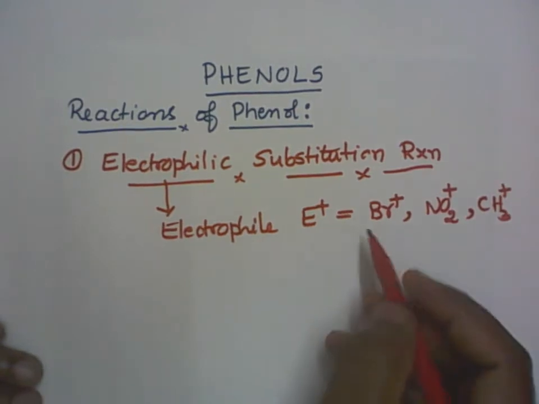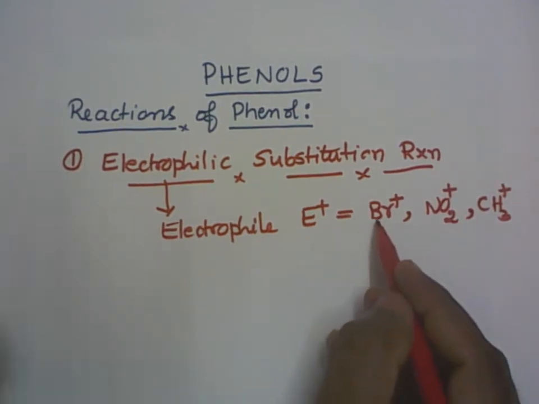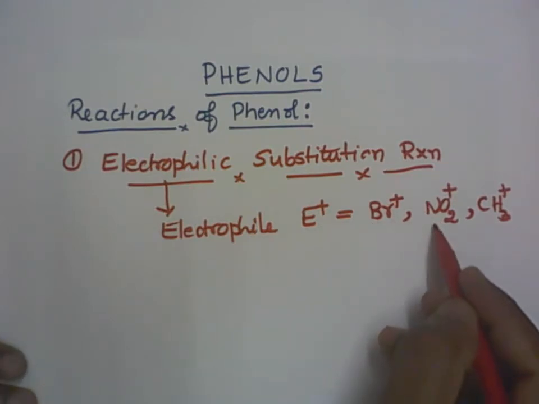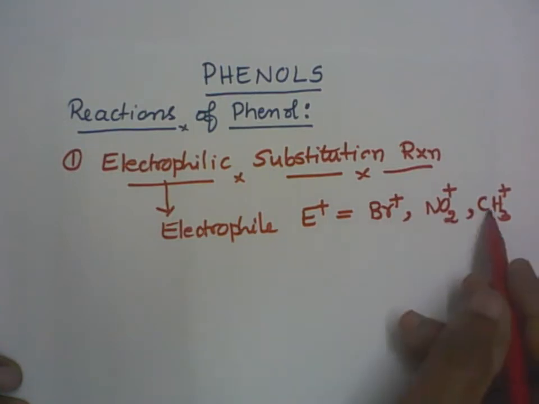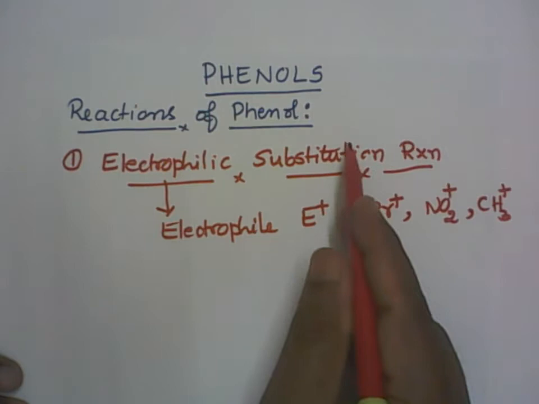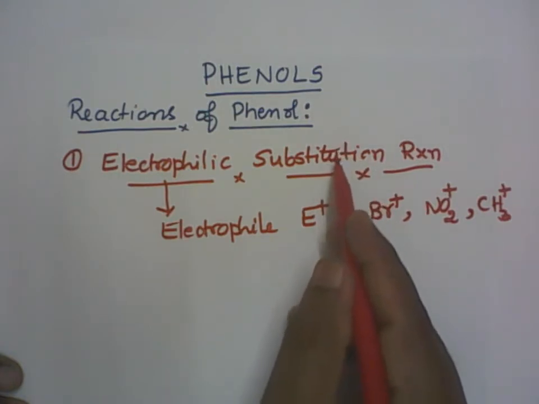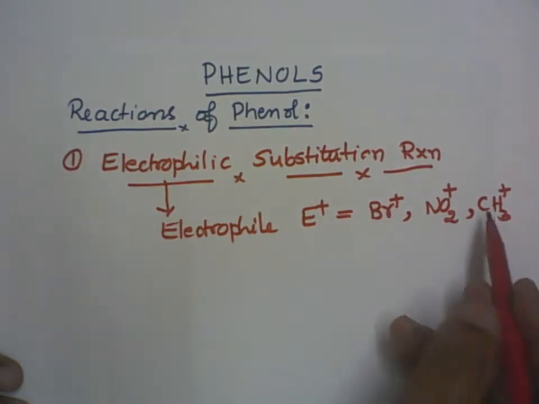You have studied in the first year bromination of benzene, where Br is attached, or chlorination, nitration of benzene, where NO2 is attached, alkylation of benzene, methylation of benzene, where CH3 is attached. All these are examples of the electrophilic. And substitution means a hydrogen atom present in the molecule getting replaced by these electrophiles.